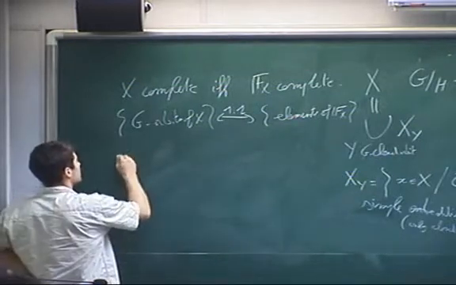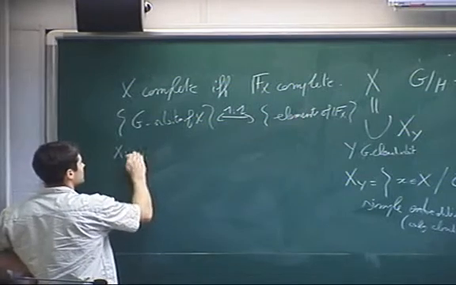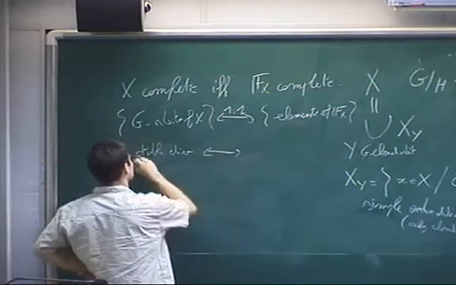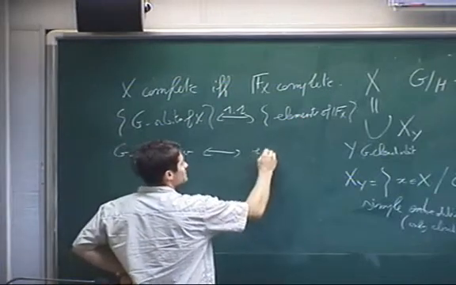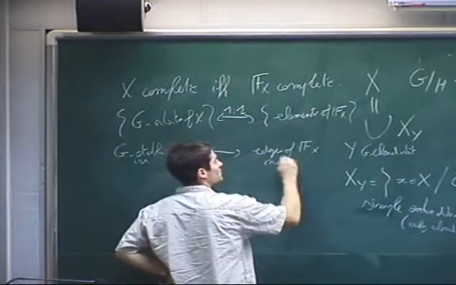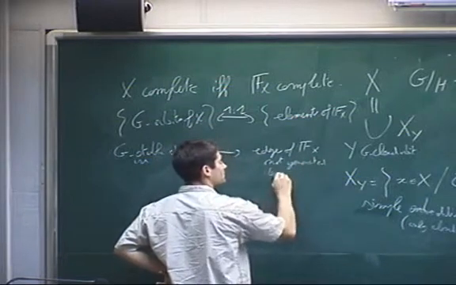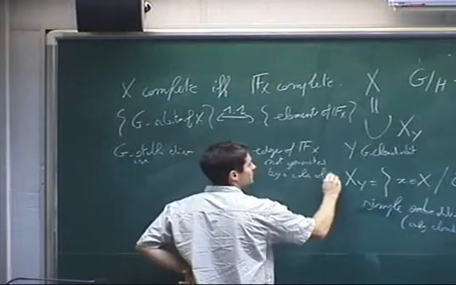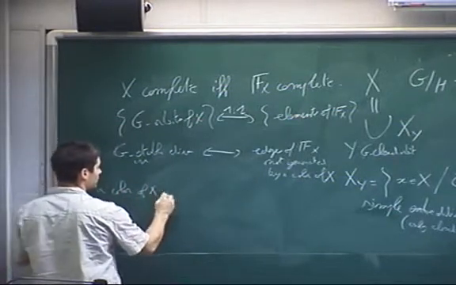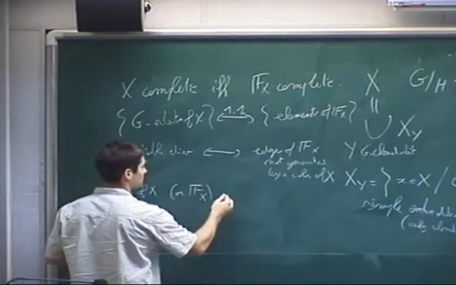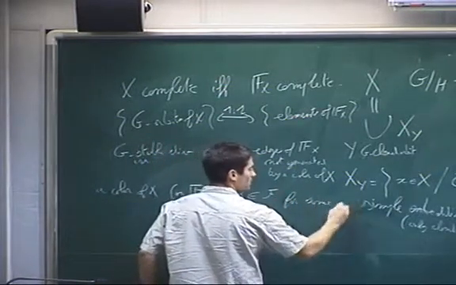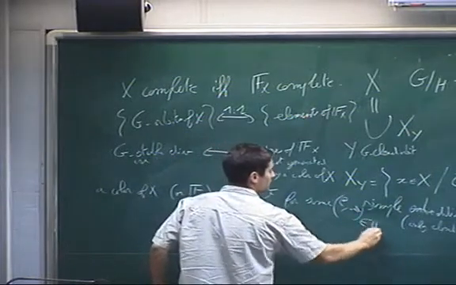In particular, the Xi, the G-stable irreducible divisors, correspond to the edges of Fx which are not generated by a color. And here I specify what I call a color of X or of Fx: it's an alpha which is in F for some CF in Fx.